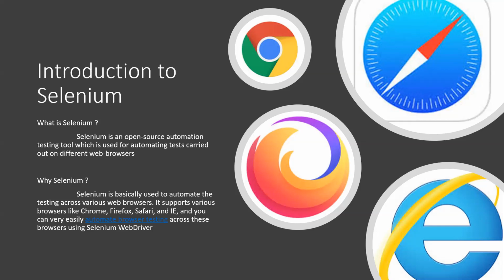These are all paid tools. We need to pay money for licensing to execute the scripts. Selenium is open source and works for all the browsers available in the market. That is the reason we are going with Selenium. It's basically to automate testing across the web browsers it supports.